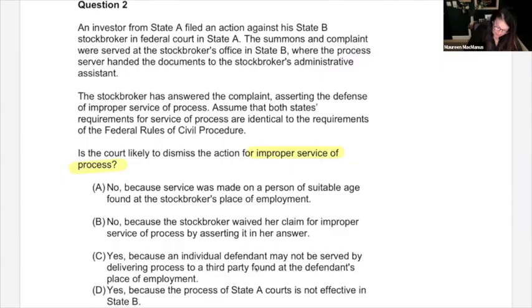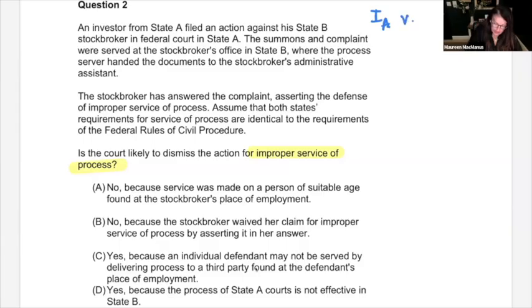An investor from state A, and I know this is dealing with service of process. I still like to take my notes and diagram out the problems as I do it, just because it's really good practice to keep it in case you need to refer to it. And I like to do investor, and then I put the domicile in parentheses. You could also do it like this, as a little subscript. I forget what they call that. It's been a long time since I took math. So you could do it like that.